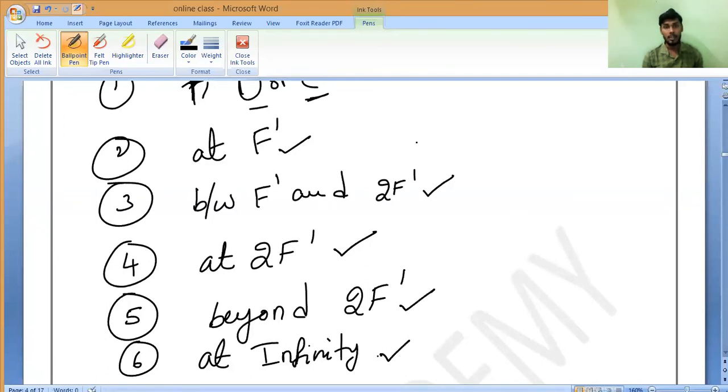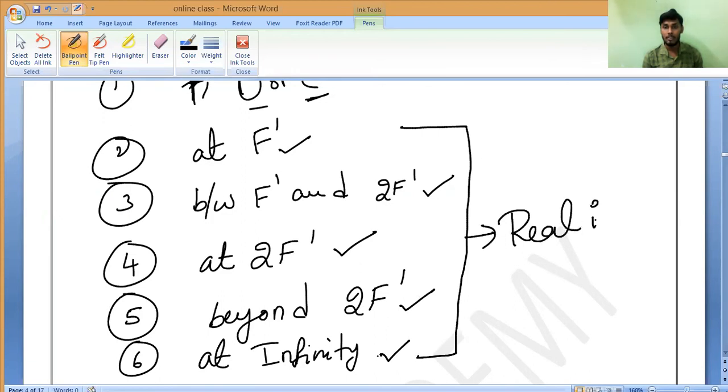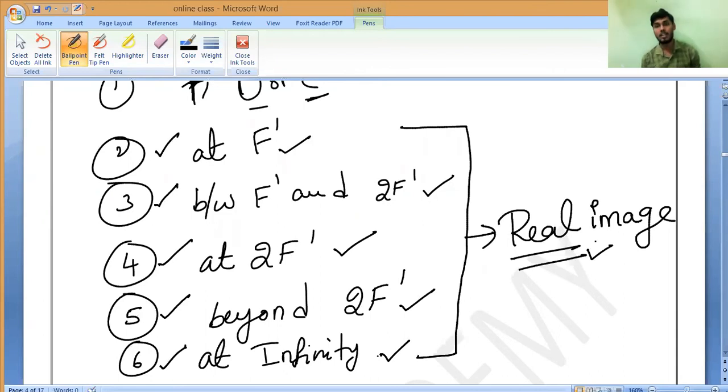Now, again, the same thing. From case number 2 to case number 6, you should always remember, it will form a real image. Only real image. No virtual image from case 2, 3, 4, 5, 6. Always it will form a real image. Do you understand?